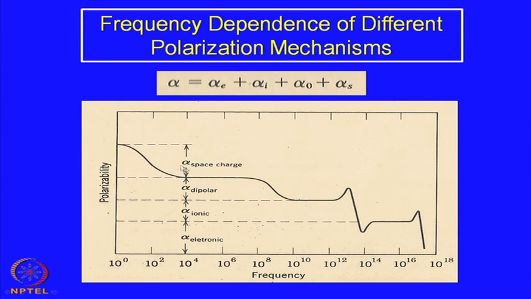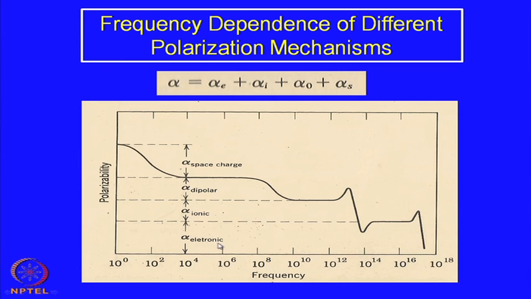So, if you plot the polarizability, the alpha which has been defined earlier, as a function of frequency over a wide range of frequency, from almost 1 hertz to about 10 to the 18 hertz, in this frequency range, 4 different mechanisms respond in 4 different ways.